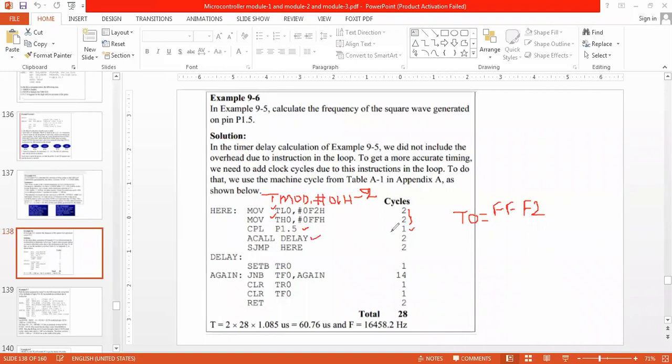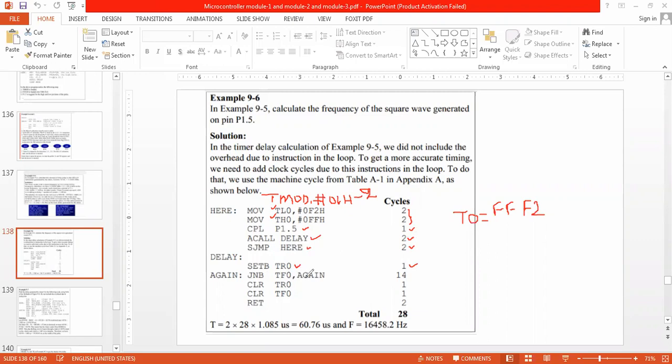ACALL delay will consume 2 machine cycles. SJMP here will consume 2 machine cycles. This is the same program that we already saw in the previous example. Then SETB TR0, 1 machine cycle.